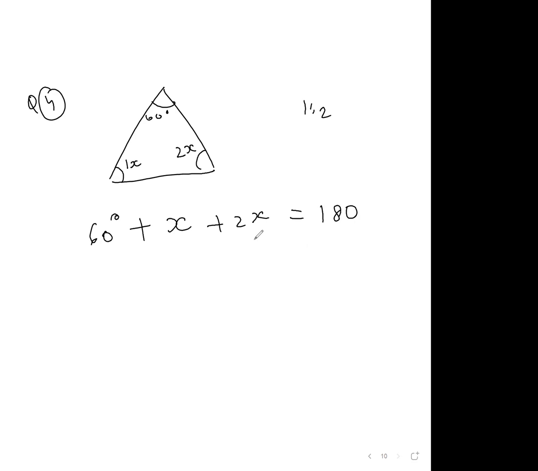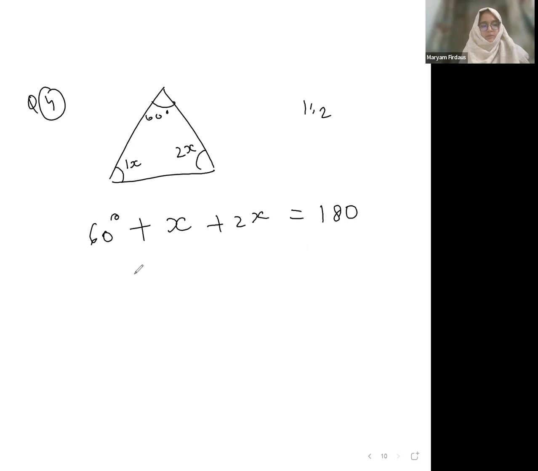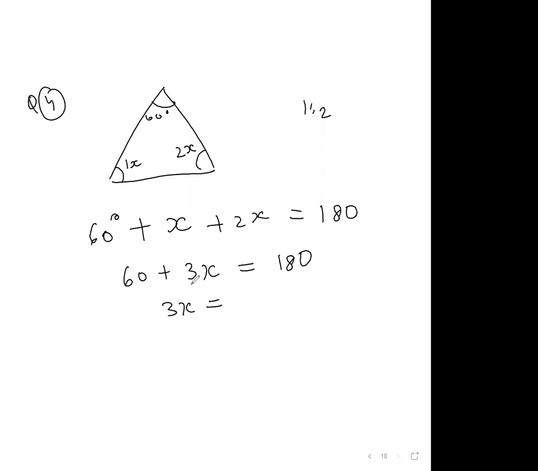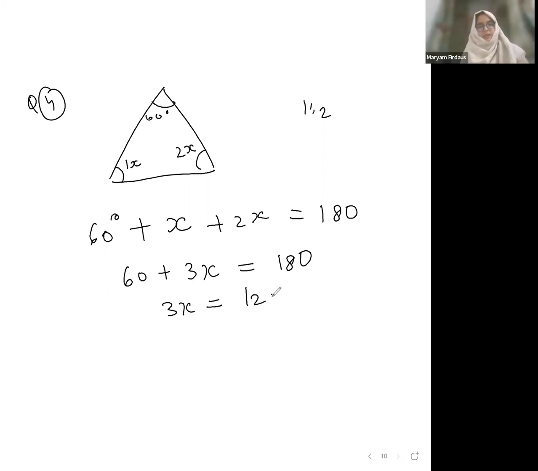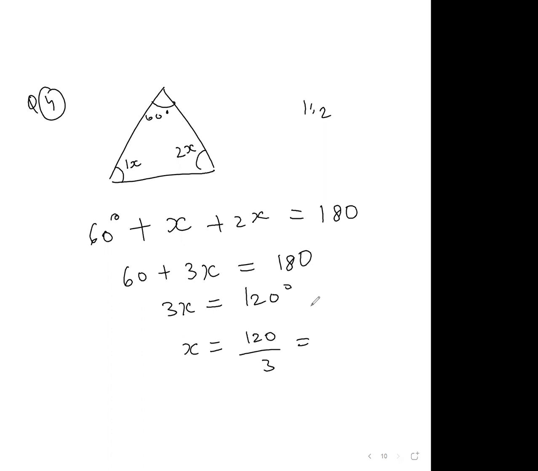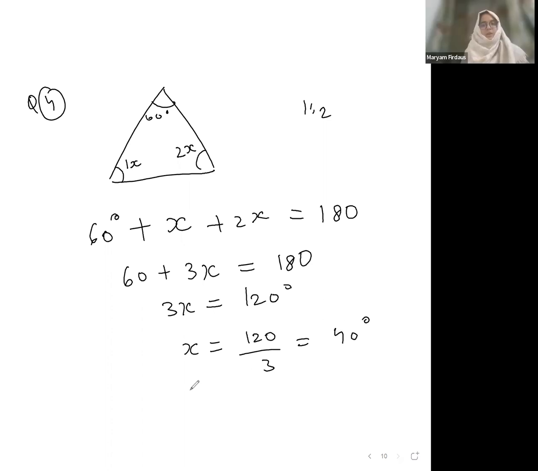So it will be 60 plus 3x is 180. So 3x gives 120. Very good, 120. And that means x gives 40. Very good, 40 degrees. So x is 40.